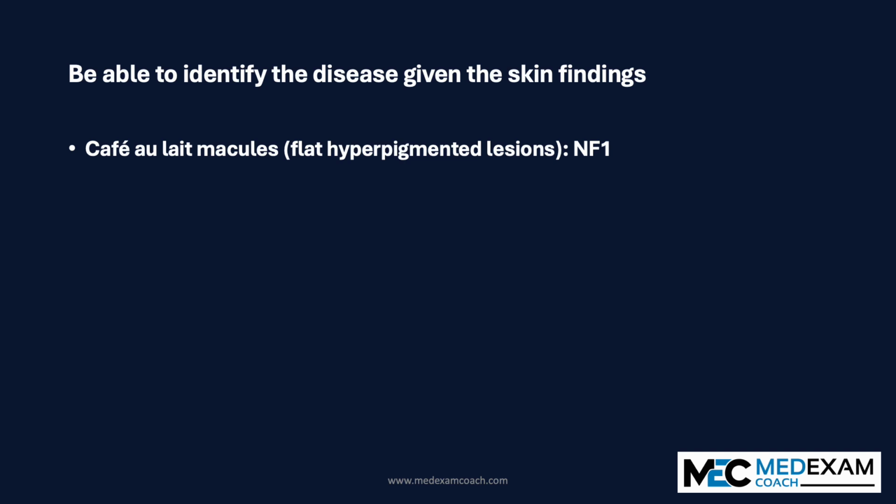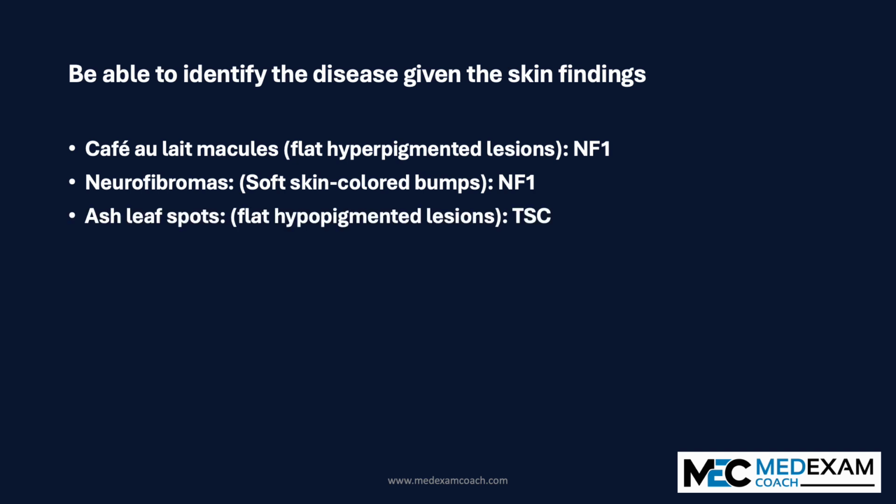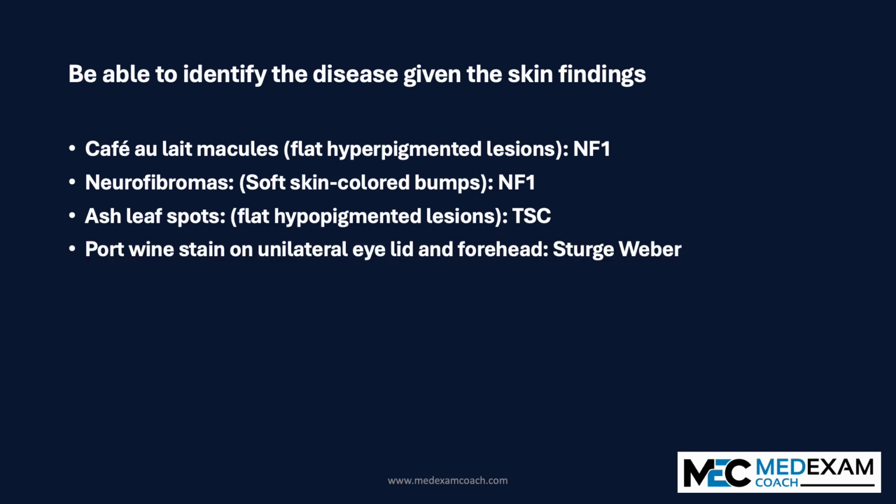And then as far as the skin findings go, cafe au lait macules, these are flat hyperpigmented lesions, seen in NF1. Neurofibromas, which are soft skin-colored bumps, are seen in NF1 as well. Ash leaf spots, these are flat hypopigmented, not hyper, but hypopigmented lesions. They're seen in tuberous sclerosis.